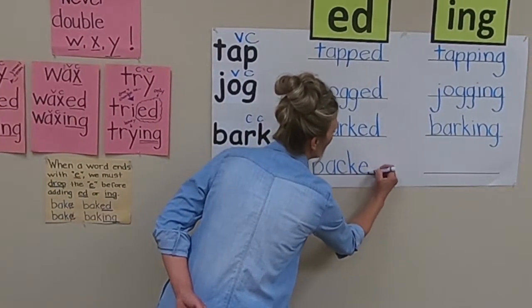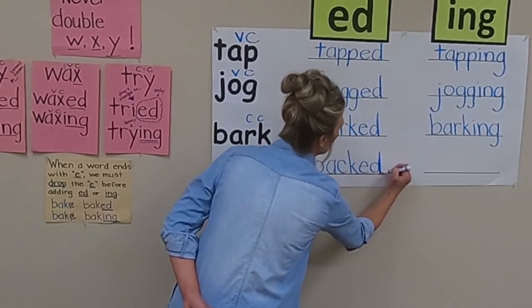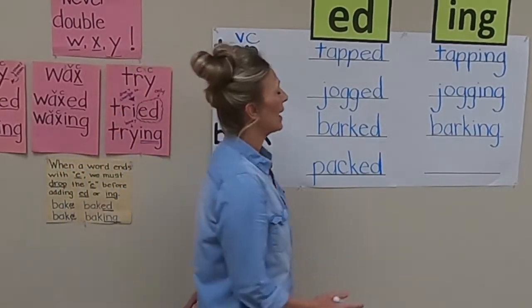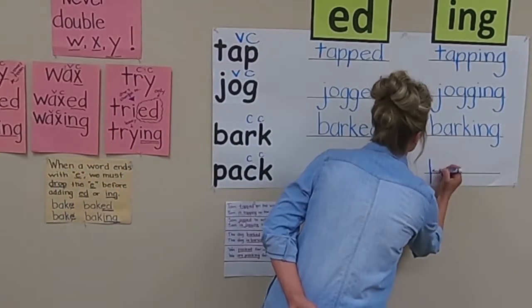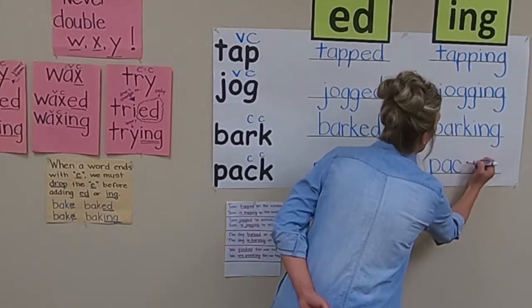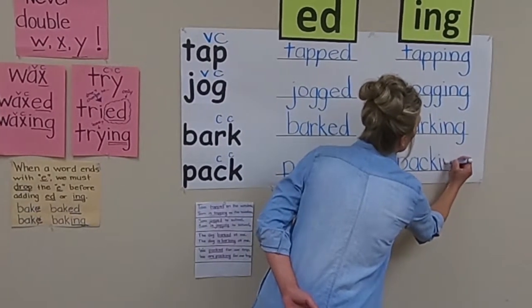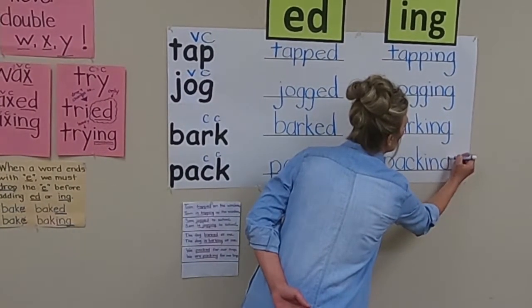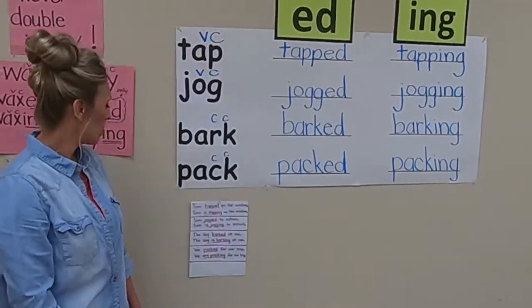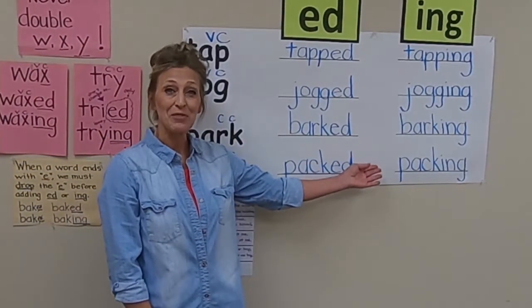And just add ED. And my new word is packed. Same thing, add ing, write the root word, pack. And just add ing. My new word is packing. We packed for our trip. We are packing for our trip.